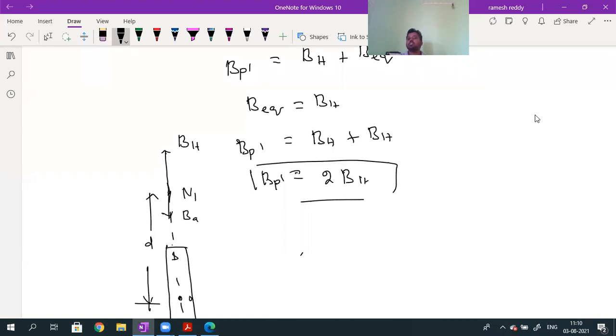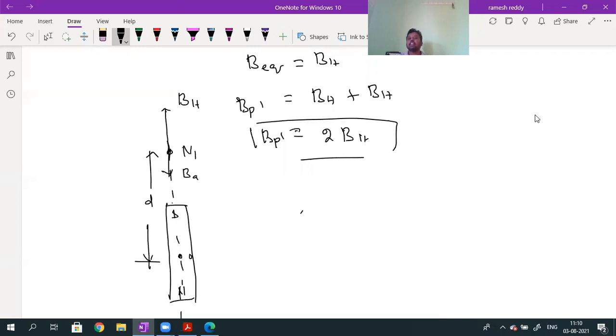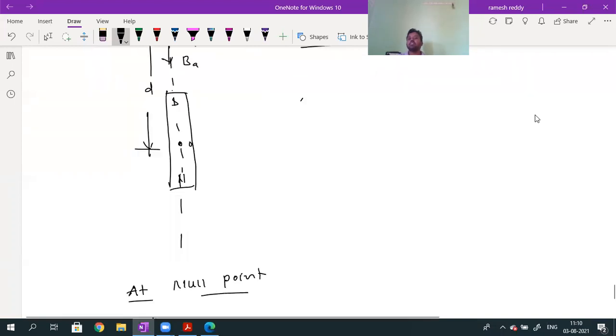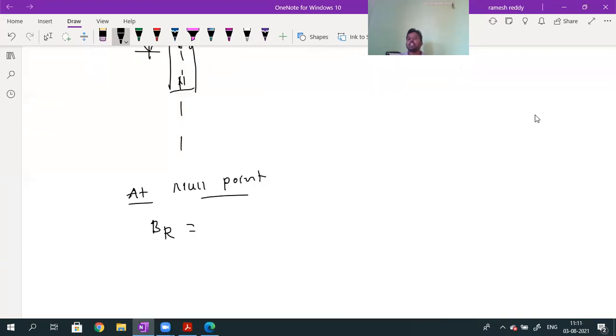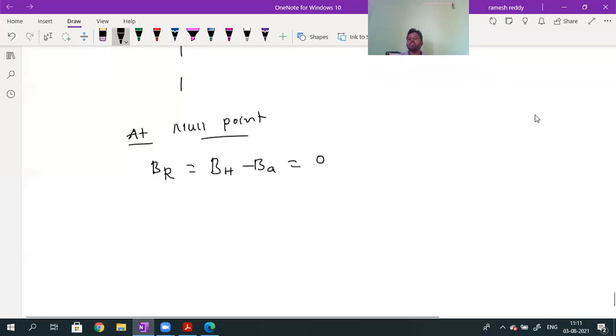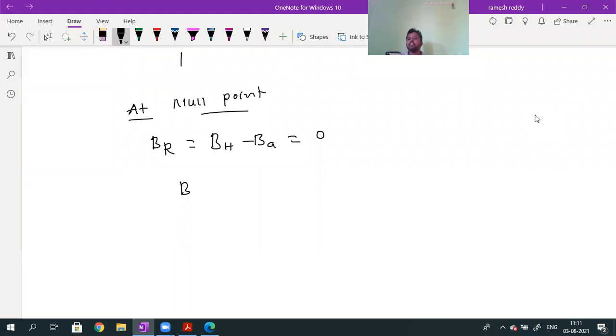Since BA and BH are opposite in direction, at one point I will get the resultant magnetic field value as 0. If the resultant magnetic field is 0 at a distance D, BR is the resultant of which? BH minus BA. Since both are in opposite directions, it will be equal to 0. So what answer do I get? BH value will be equal to BA. What is the BA value? BA is given by mu naught divided by 4 pi into 2 M divided by d cubed. So this is the value of BH.